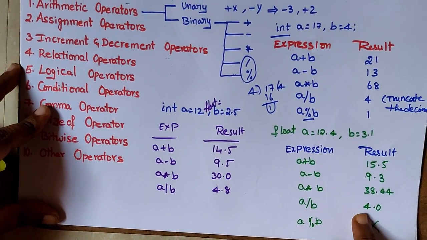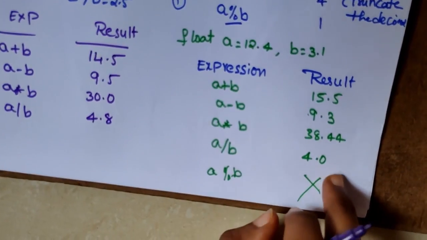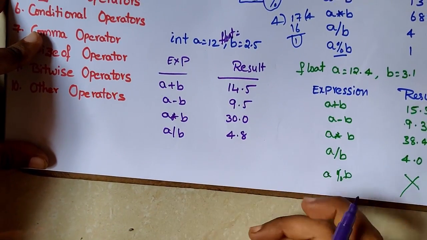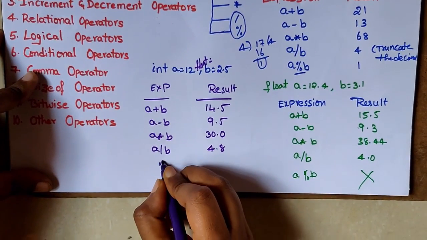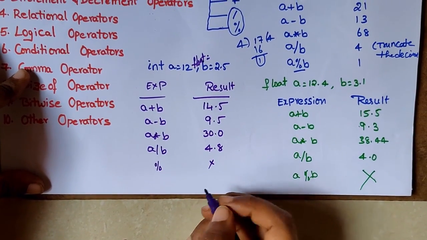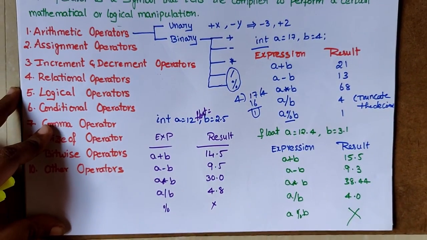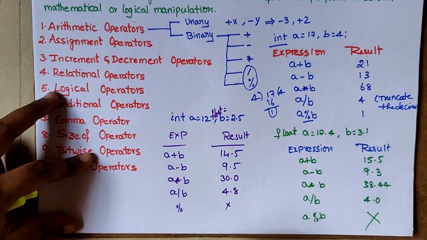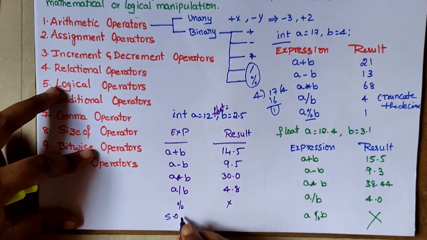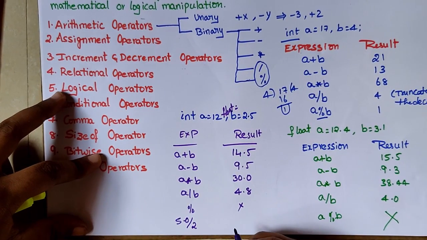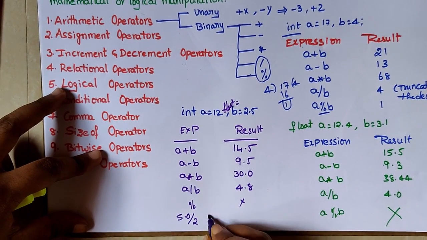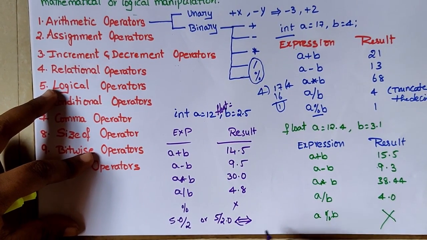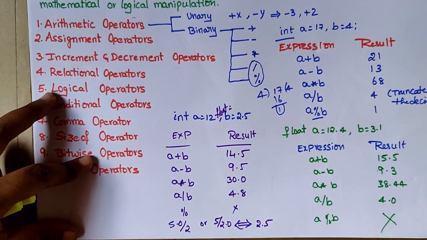As before, here we can't use the modulus. Suppose you get a doubt whether the decimal point coming before or after makes a difference in the result. No. For example, if I take 5.0 by 2, we get 2.5 as the result. If we take 5 by 2.0, this is also the same, we get only 2.5.